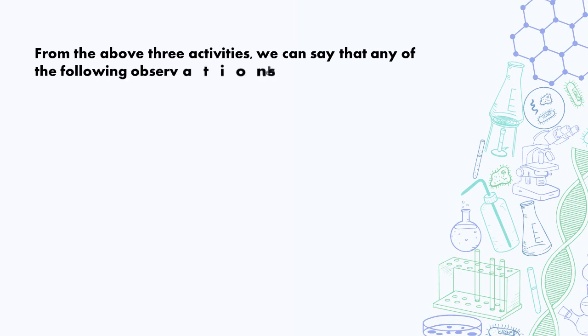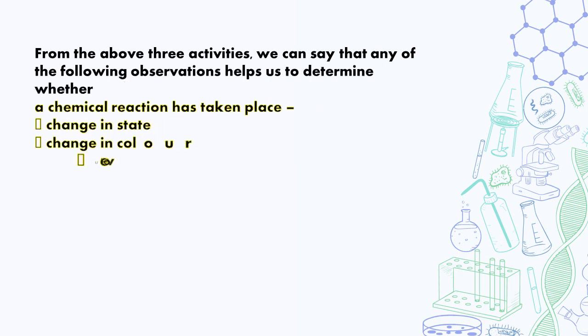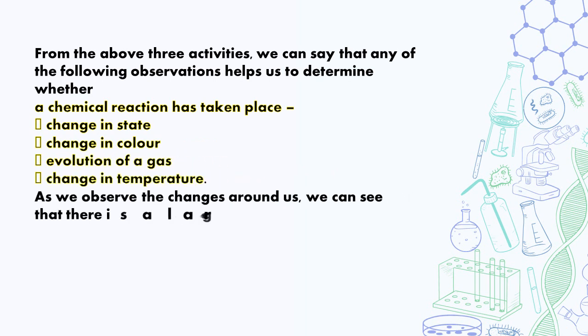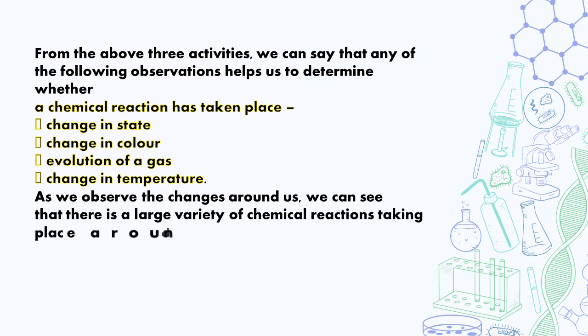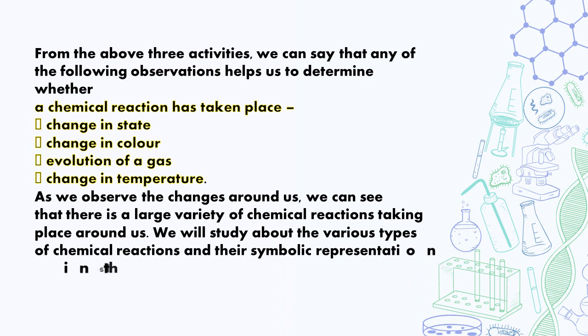From the above activities, we can say that there are the following observations which may help us to determine whether a chemical reaction has occurred or not: change in state, change in color, evolution of a gas, change in temperature.